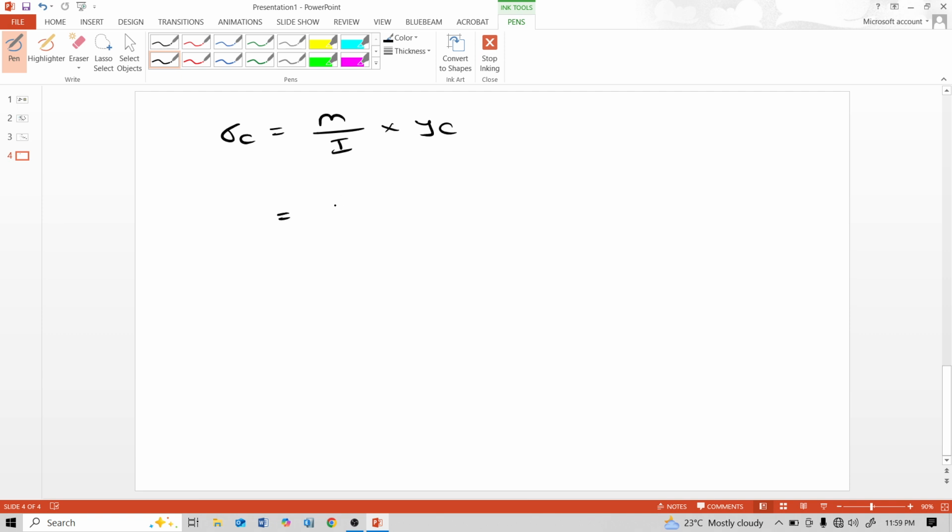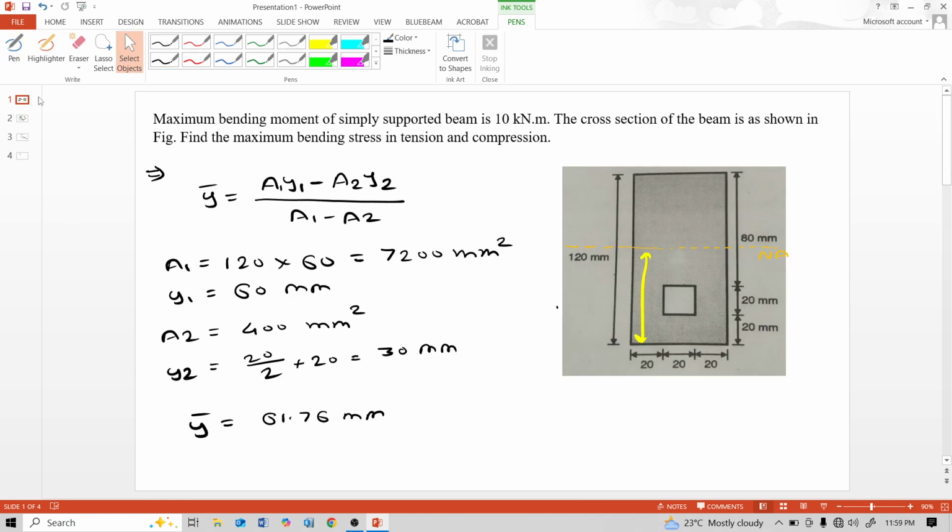M is 10 into 10 raised to 6 Newton mm, and yc is 120 minus 61.76, that means 58.24. This distance is this 120 distance minus this y bar distance.